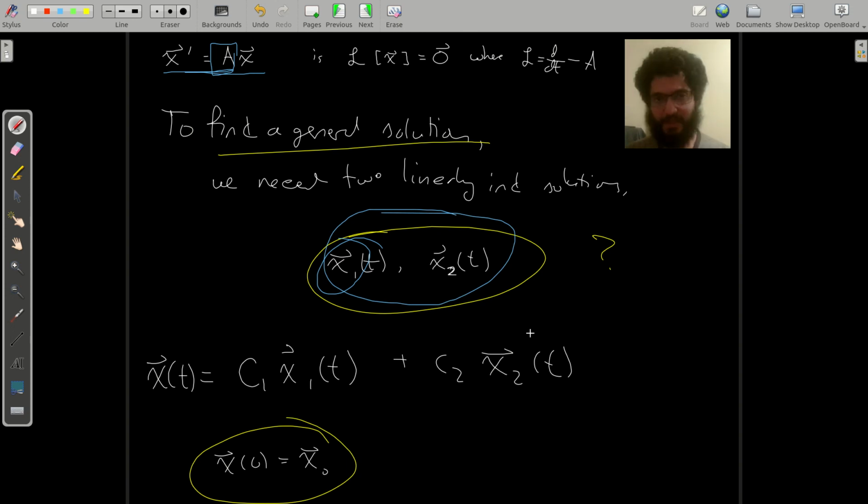Then what's going to be really interesting and quite fun in this chapter is to look at what those solutions look like in the phase plane, what the solution trajectories do, and how we can predict what they're going to do just from looking at eigenvalues and eigenvectors. Okay, so that's actually pretty much all there is to the technique, but that was all pretty abstract, so let's solidify that with some examples in the next video.